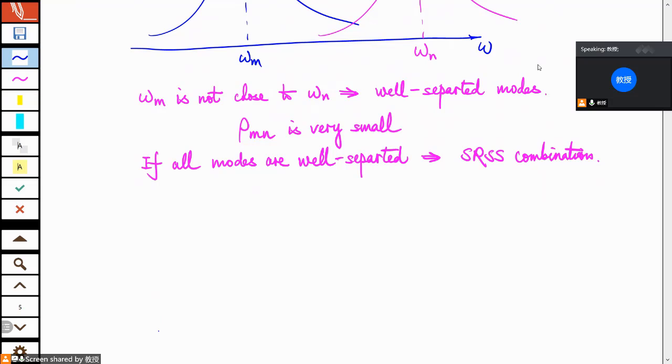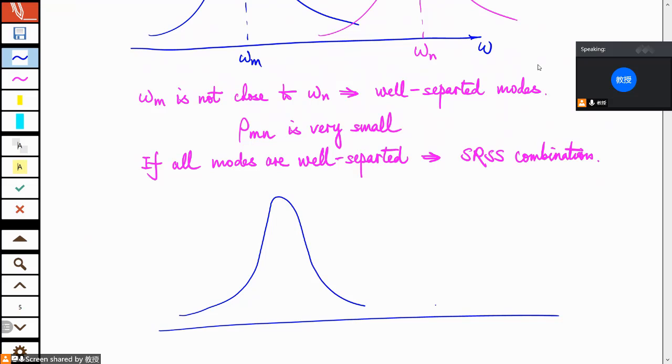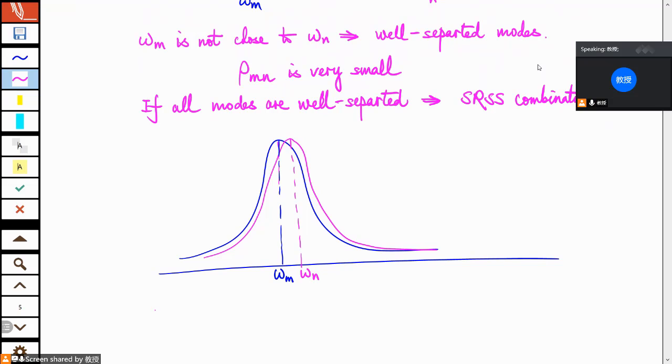On the other hand, if this is omega m and this is omega n, then omega m is close to omega n, so that means we have closely spaced modes.